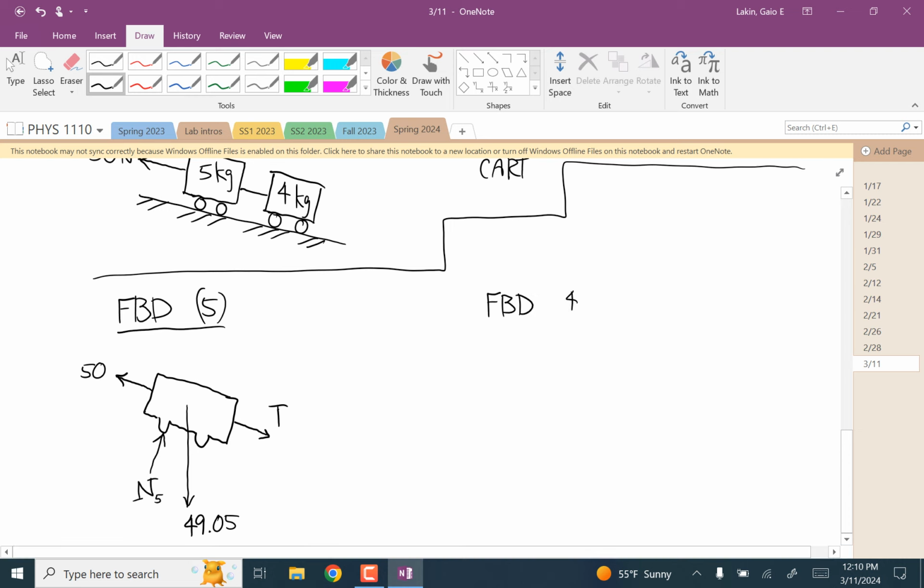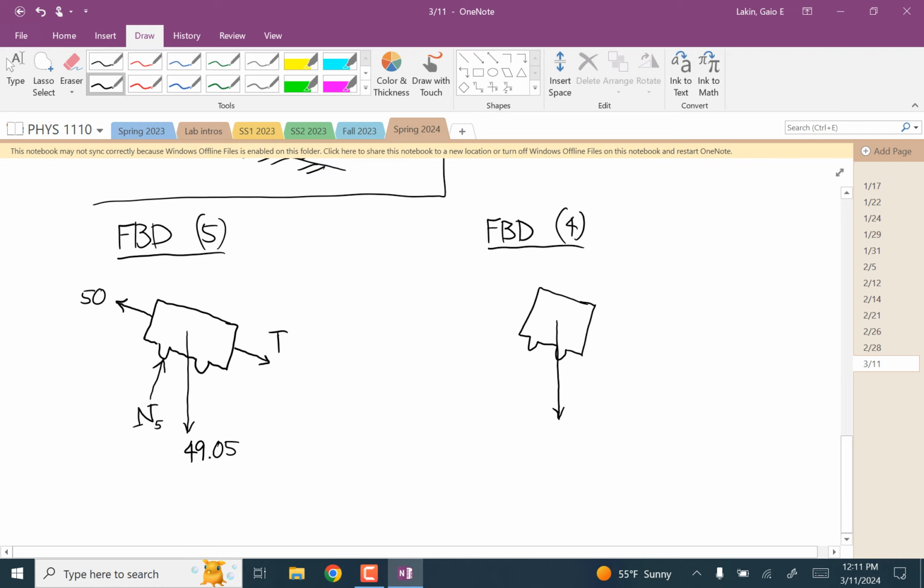And now free body diagram of the 4 kilogram. There's a downward weight force of 4 times 9.81, so that's 39.24.